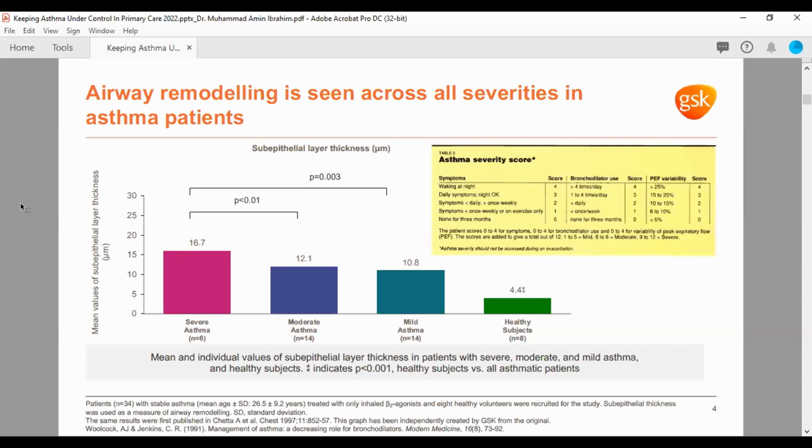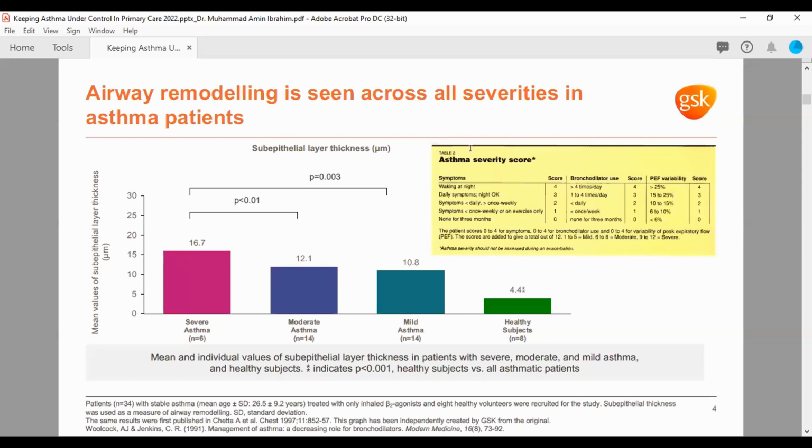So this study tried to look at airway remodeling based on the subepithelial layer thickness. The thicker it is, the more severe the airway inflammation.